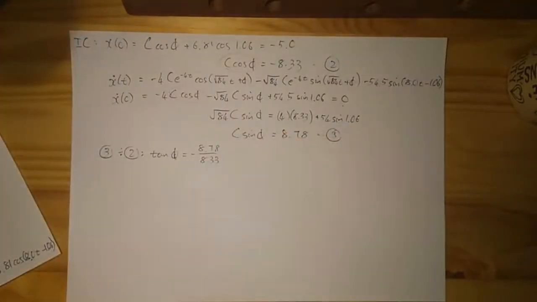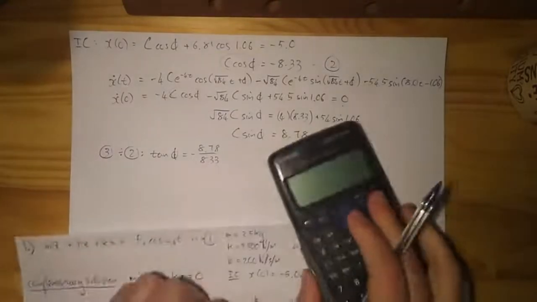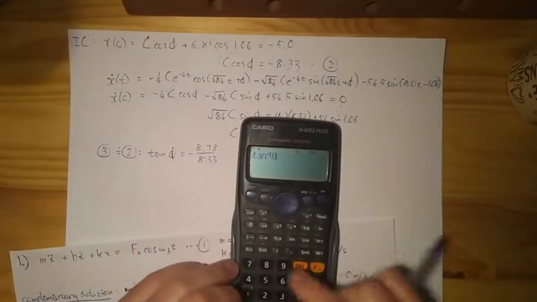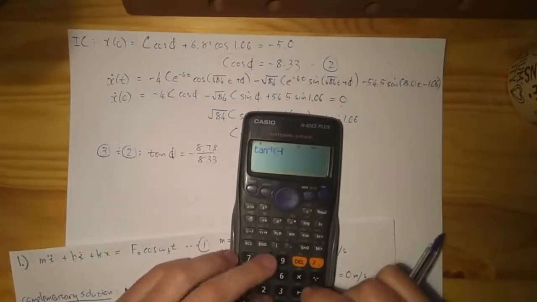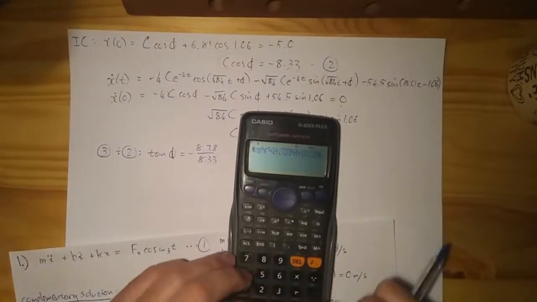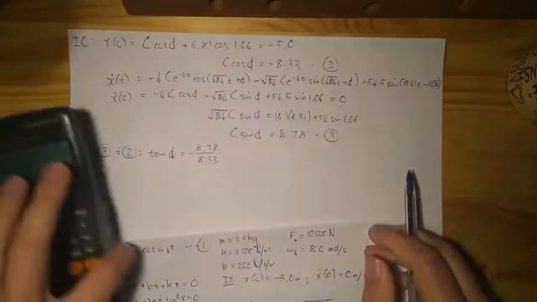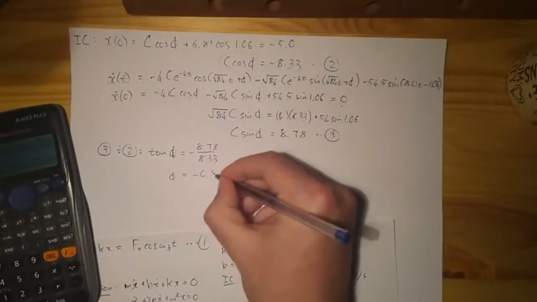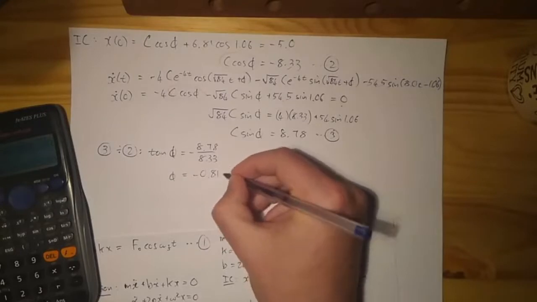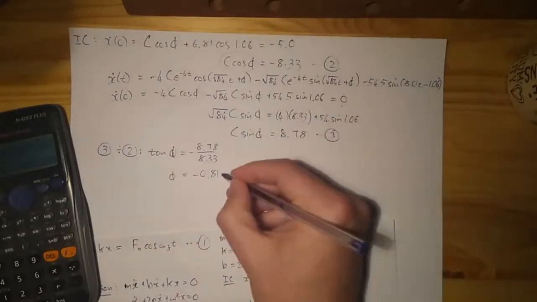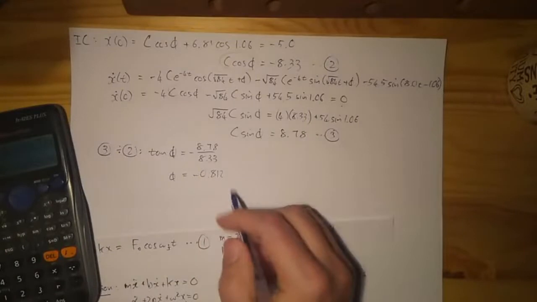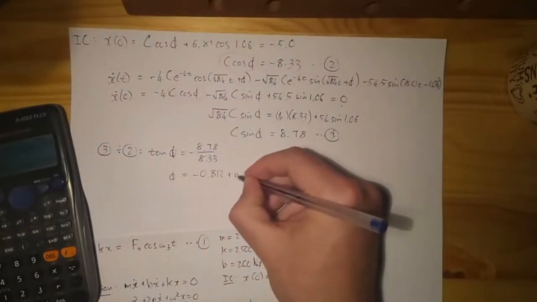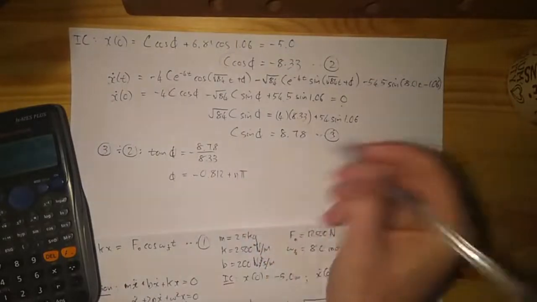Okay, so negative value. So let's see what that calculates as. So phi is tan inverse of minus 8.78 divided by 8.33. So phi is equal to minus 0.8, well, let's say 81. Okay, we're going to drop the last significant figures anyway, just tagging an x along for purposes of the calculations. Plus n pi, where n is any integer.